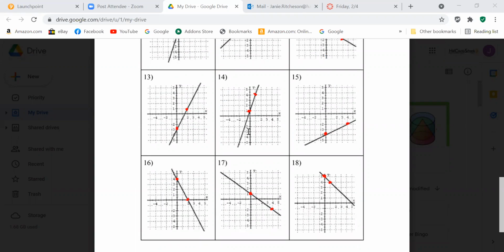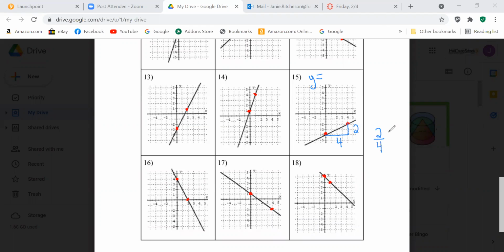All right, so I know my y-intercept is -4. And then I'm going to make a right triangle. So y equals, how tall is my triangle? It's 2. How wide is it? 1, 2, 3, 4. Rise over run, 2 over 4.